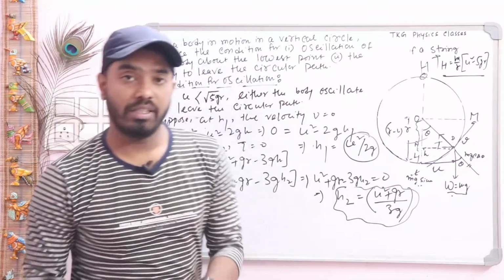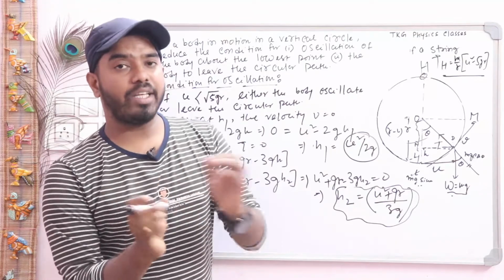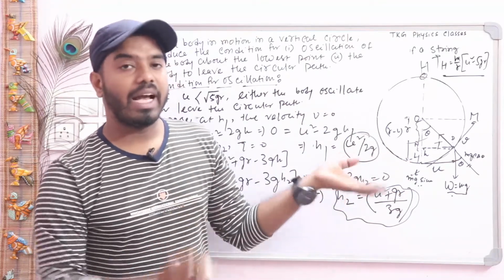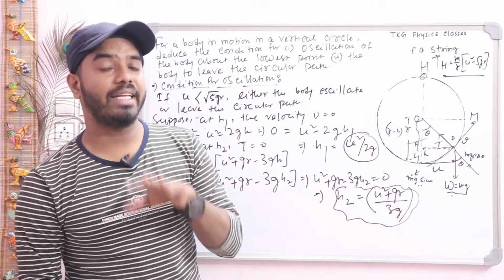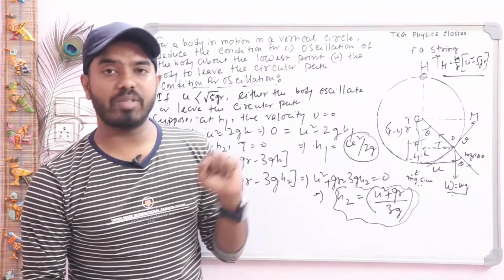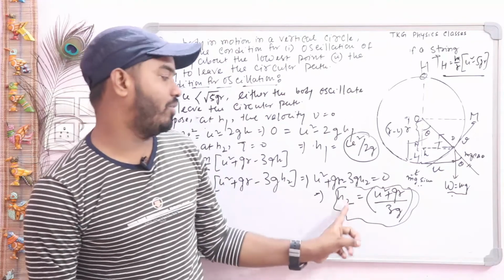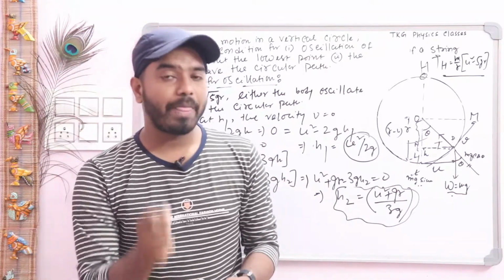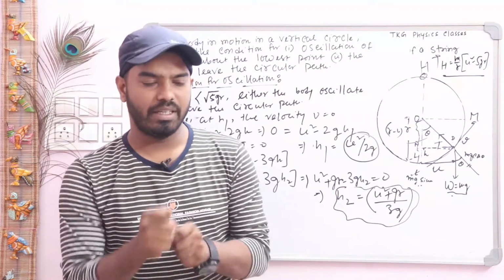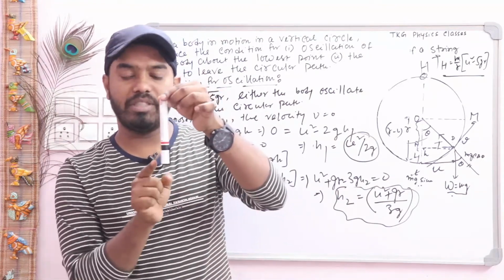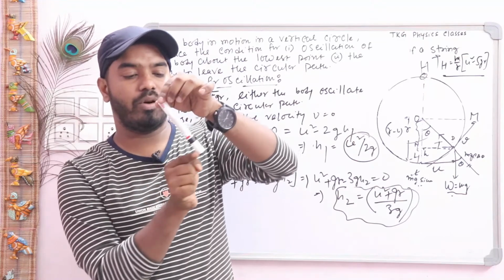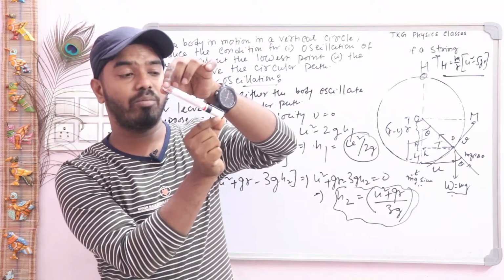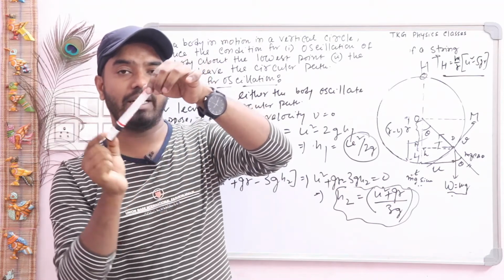Listen very carefully. We consider at height h1 the velocity becomes 0, then we find the value of h1, and secondly we consider at height h2 the tension of the string becomes 0, then we find the value of h2. Now what is the condition when the body oscillates? Think of a simple pendulum, this is the mean position. Suppose the body is going this way. When the velocity is 0 here, the body returns this way.